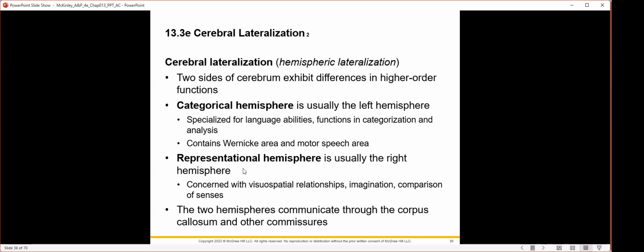And then our other side is the representational hemisphere, usually considered the right hemisphere, concerned with visuospatial relationships, imagination, comparison of senses, the arts, your creative side. And each of these communicate with each other through the corpus callosum.